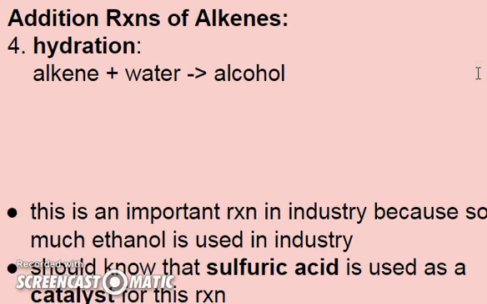The last reaction is called a hydration reaction. And this is because the alkene is going to react with water. And when this happens, you're going to end up forming an alcohol. And if you think about it, that makes perfect sense because I've got my CH2, CH2, sorry about that.